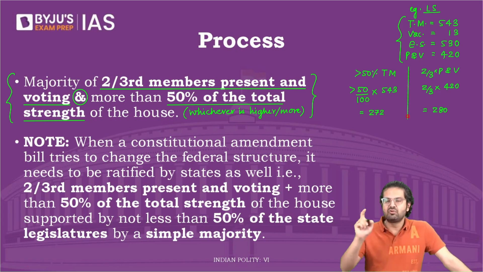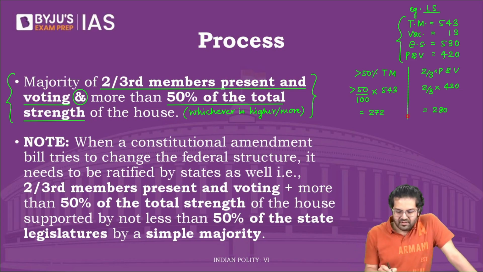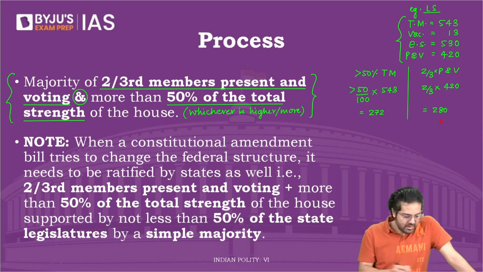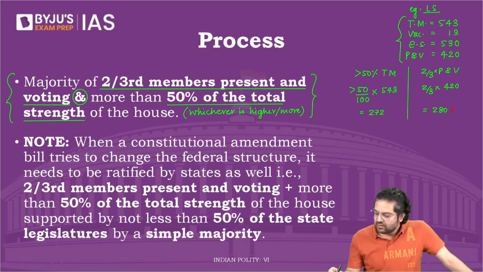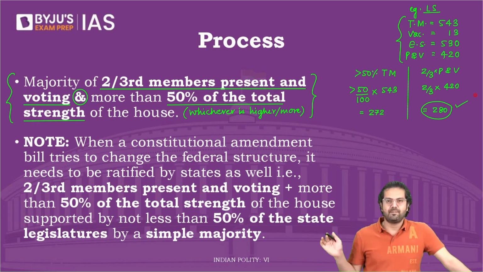How many people should say yes, and then only a change can be made? Whichever is higher, absolutely correct. Whichever is higher. Here, what is higher? Here, 280 is higher. So, these many people are required in this case, and we can say task is done.